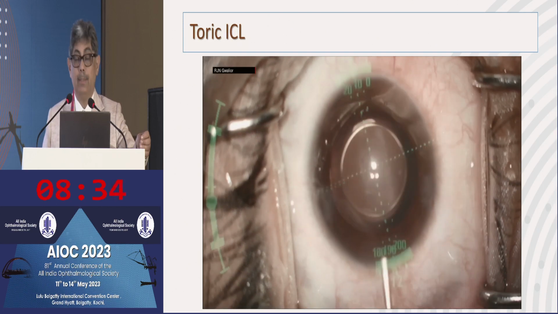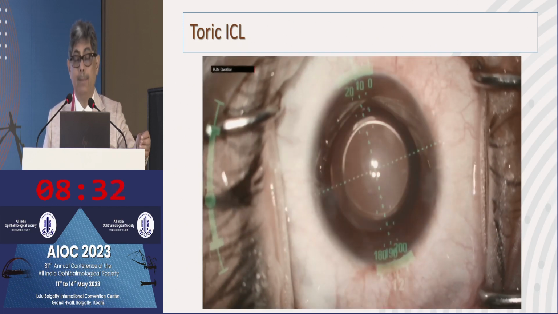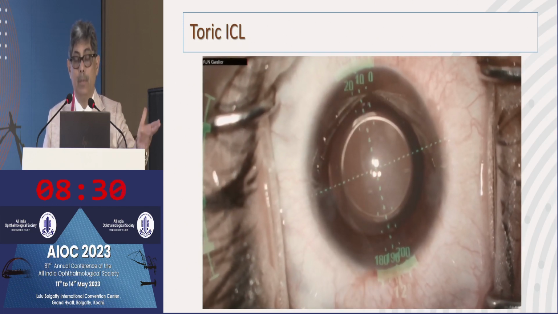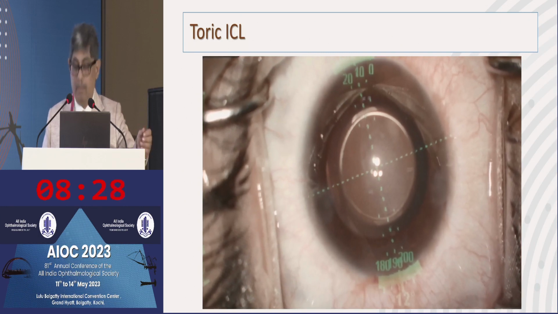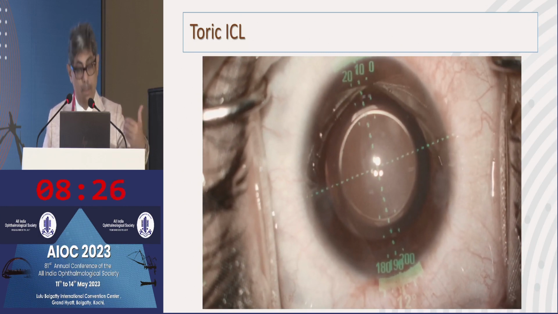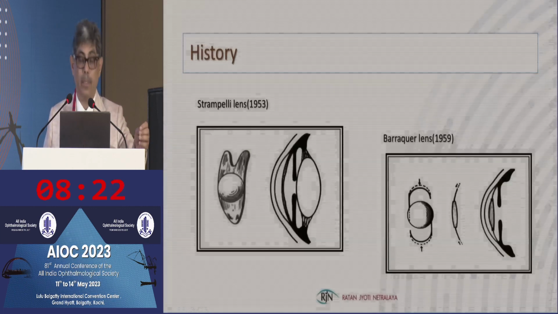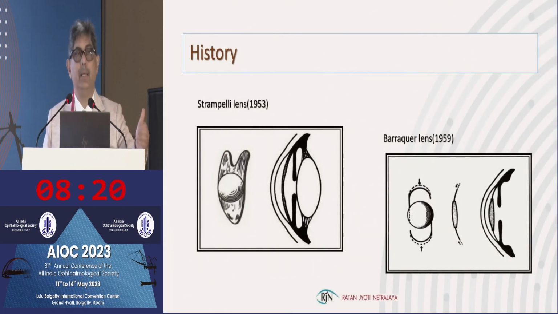And this is a toric lens, and the axis of the toric lens is aligned with the marks which we are making, or in this particular case we have used Verion, and the rotational stability is very high in all these cases.